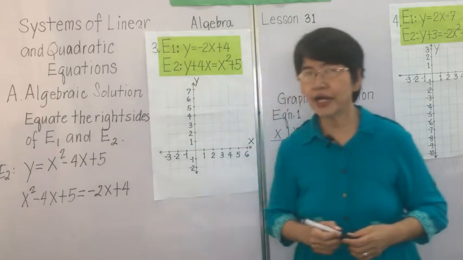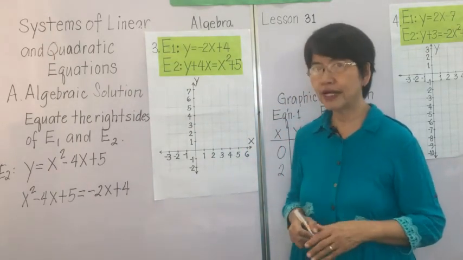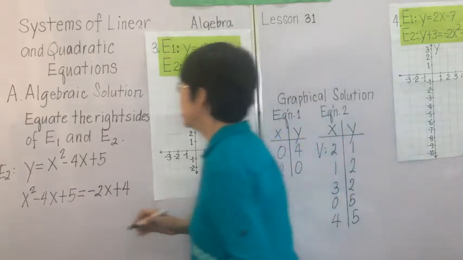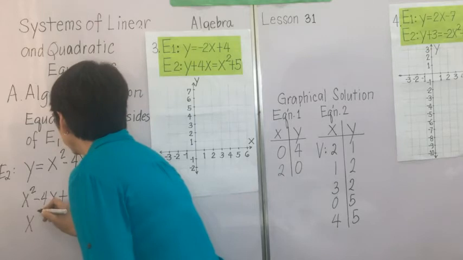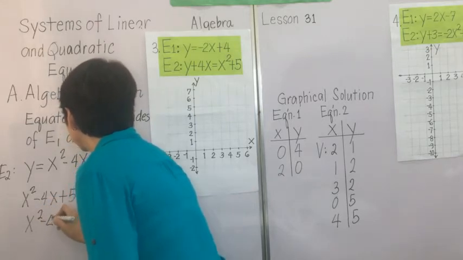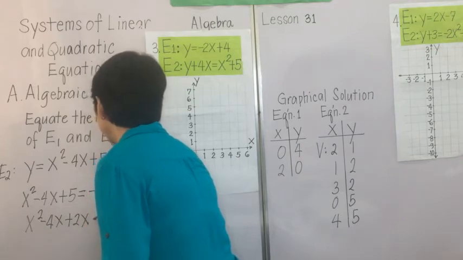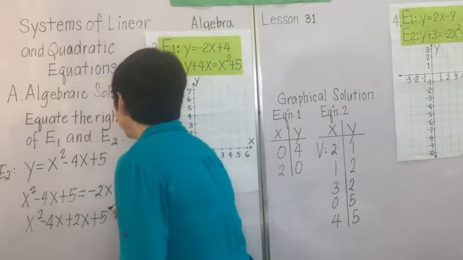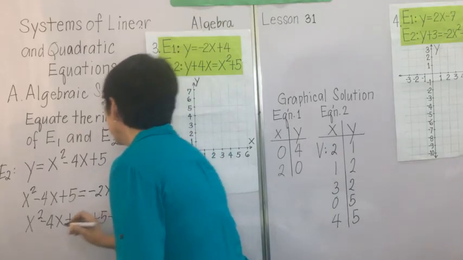Then we will solve for x, and we have to set the right side to 0. x squared minus 4x plus 2x plus 5 minus 4 equals 0.